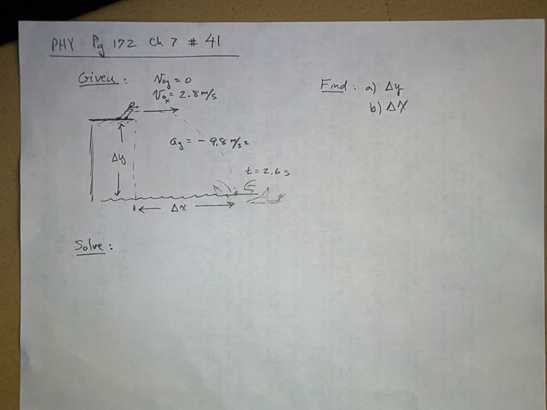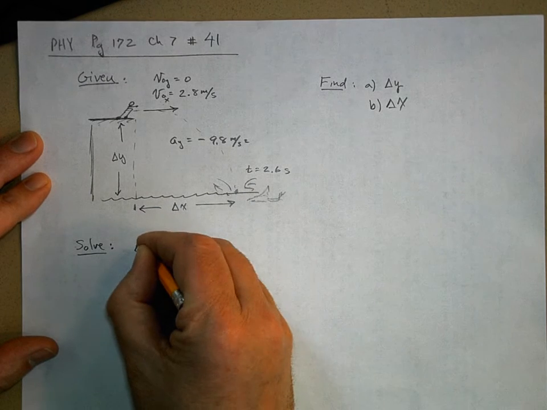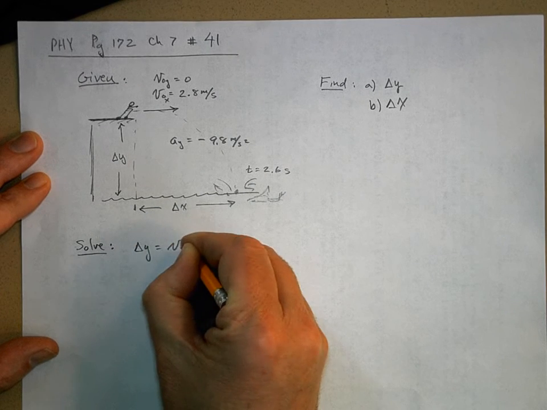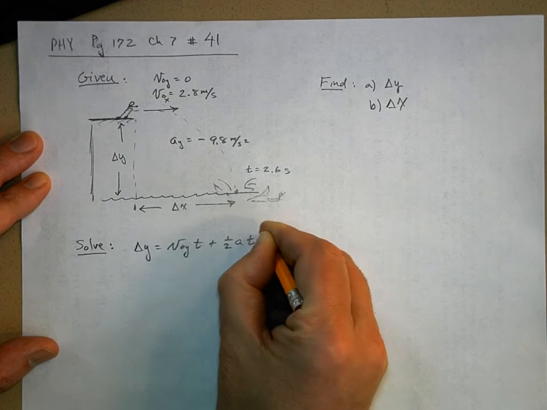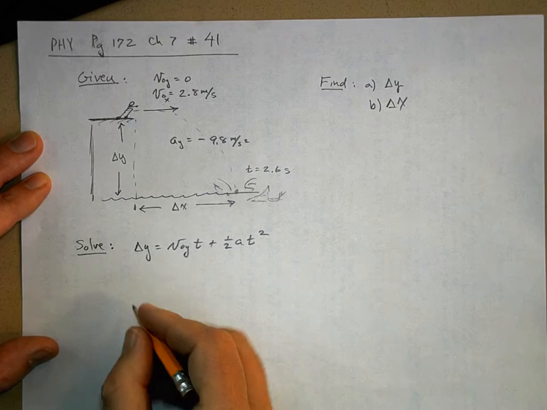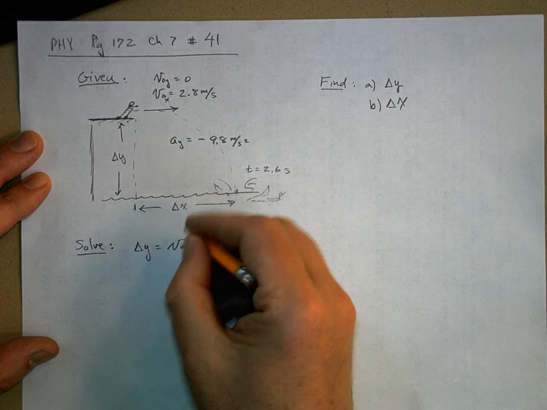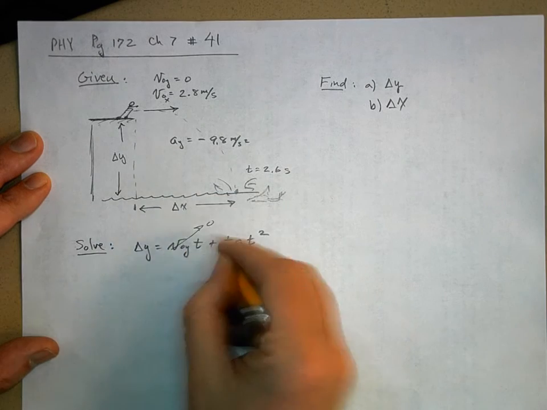So I know the initial velocity, I know the acceleration, and I know the time, and I'm trying to find delta y. And there's an equation that has all four of those things, and that's the third one. And so now I just plug in my values. This is 0, so that whole term goes away.